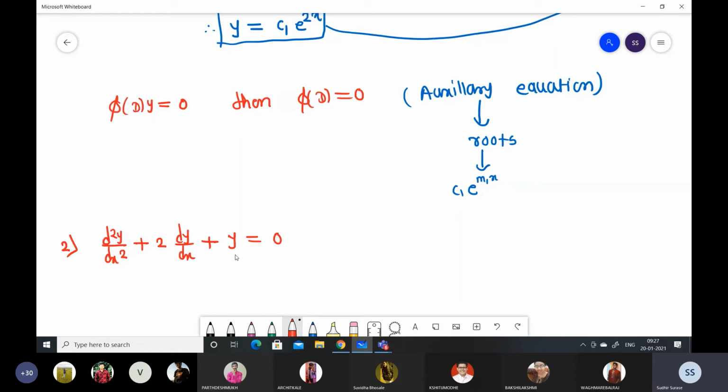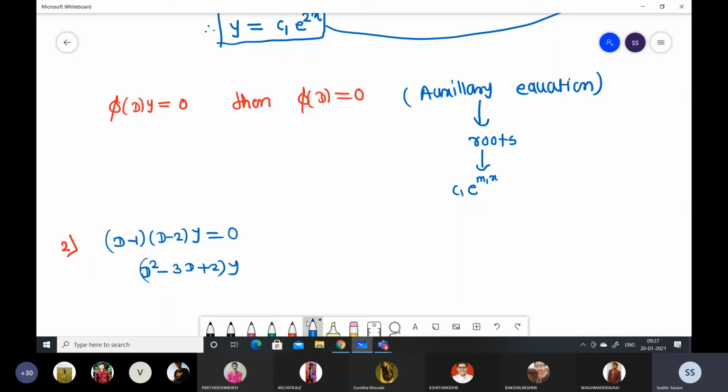But you will get repeated roots, and I don't want repeated roots. I just want real and distinct roots. So I'll form it this way: (D minus 1)(D minus 2) times y. If you write it in terms of the differential equation, it will be (D square minus 3D plus 2) times y.